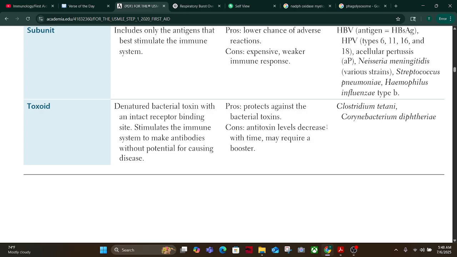And with the denatured bacterial toxin, the structure of the toxin is retained, so antibodies can still be made. Pros, protects against the bacterial toxins. Cons, antitoxin levels decrease with time, may require a booster.